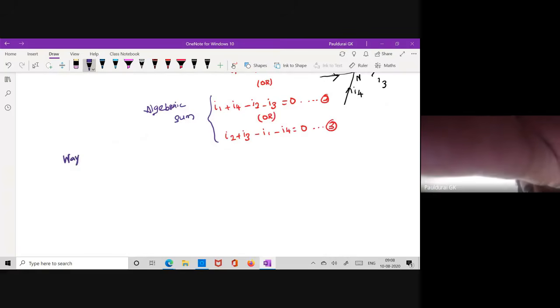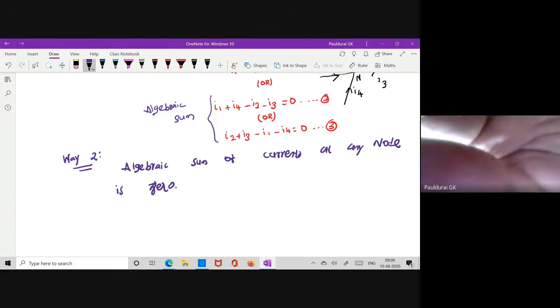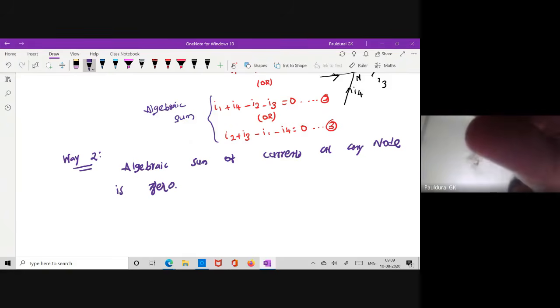So how will you define KCL in another way? Let me define it by using way 2: the algebraic sum of currents at any node is 0. So what do you mean by algebraic sum, from the KCL point of view?